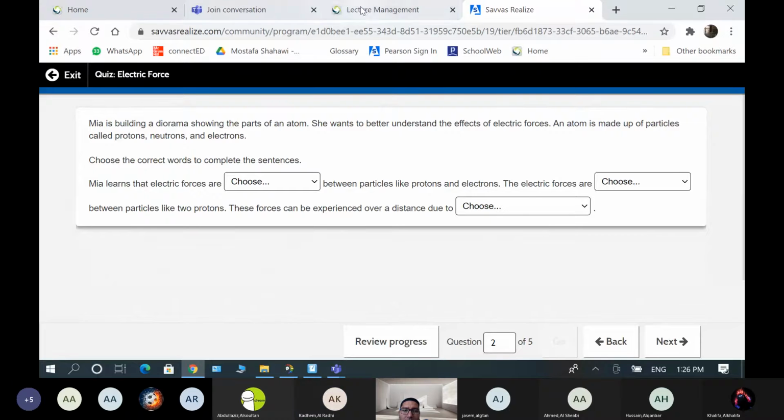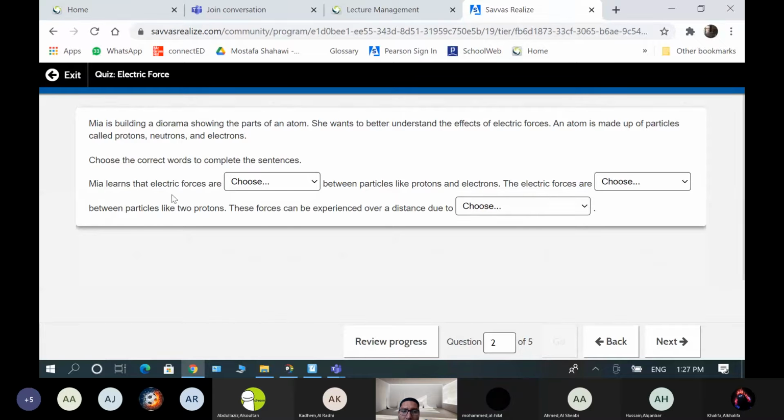Okay. So Muhammad Hilal, read this one. Mia is building a diorama showing the parts of an atom. She wants to better understand the effect of electric forces. An atom is made up of particles called protons, neutrons, and electrons. Choose the correct words to complete each sentence.